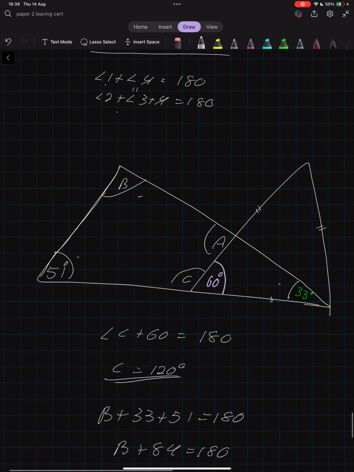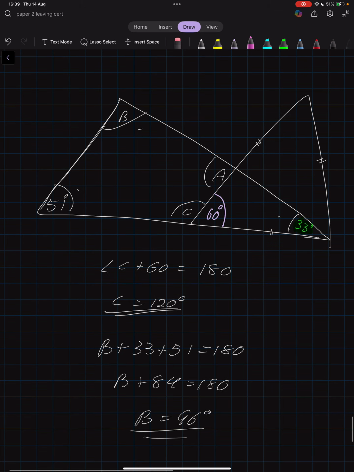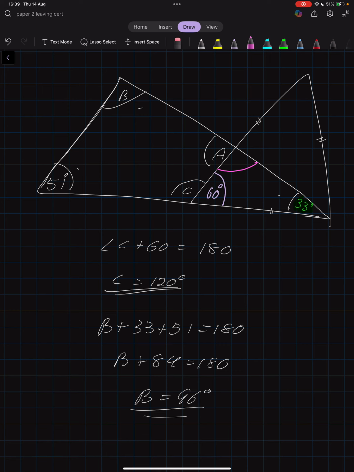Okay? And then finally, for angle A, I honestly don't know how to do angle A apart from the way that I'm going to do it. No, never mind. Sorry, I do know. I can figure out this angle, because again, all the angles in a triangle have to add up to 180.